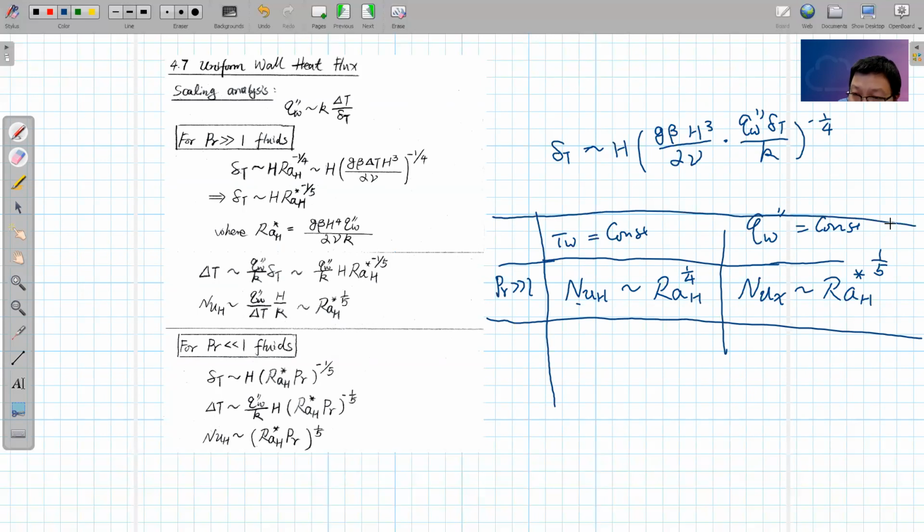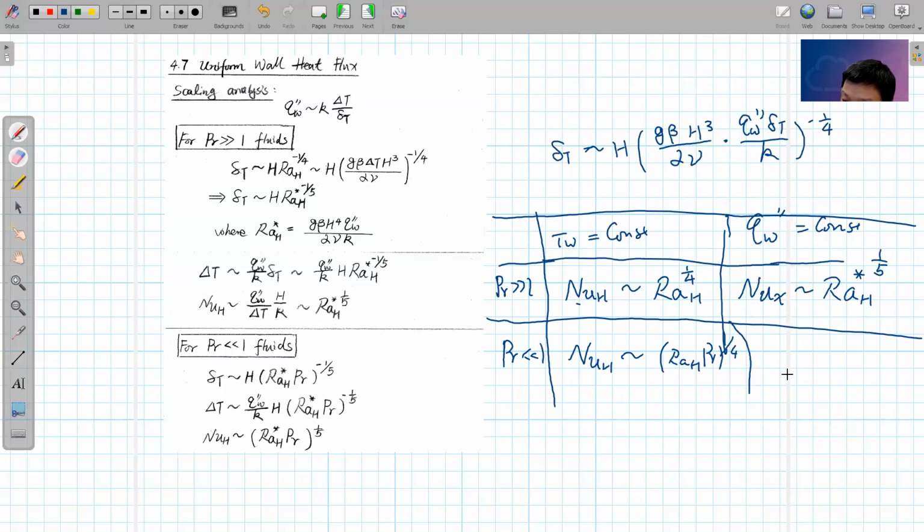Here we only do the scaling analysis. Okay, we didn't get the detailed, exact result, like an integral result or similarity solution, for what the uniform wall heat flux case will be. Just some scaling analysis. So if the Prandtl number is much smaller than 1, similar things, okay, you can follow the same idea as here. Basically, in this case, the Nusselt number H will be Ra_H Prandtl number to the 1 over 4.